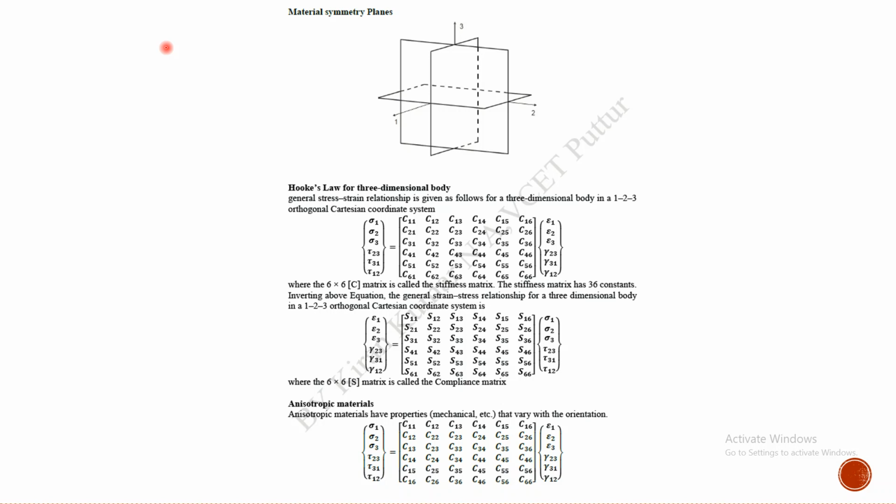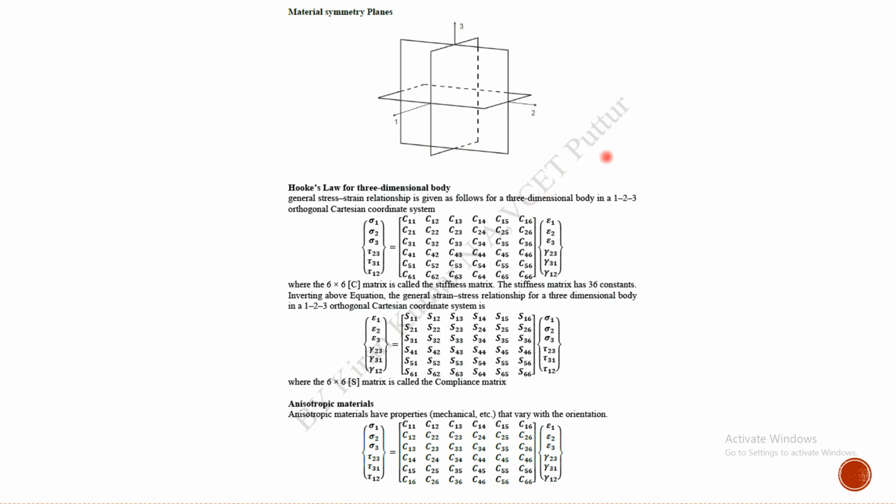Even at the point where you hold it, which has the highest deformation, the other points have different deformations. That is an example of another type of material, which we simply call anisotropic materials.